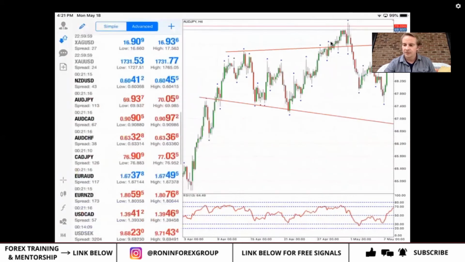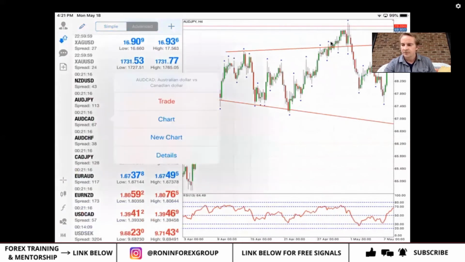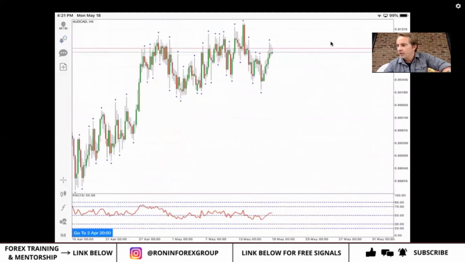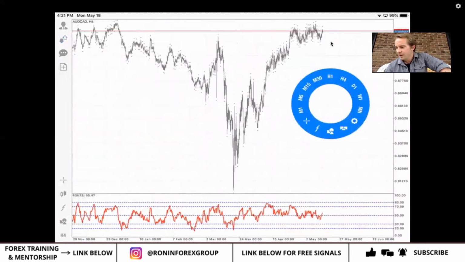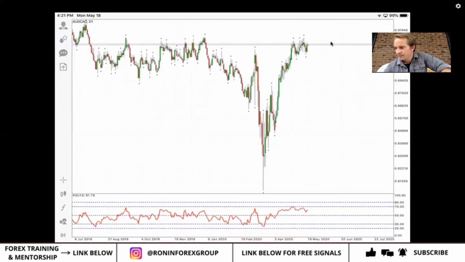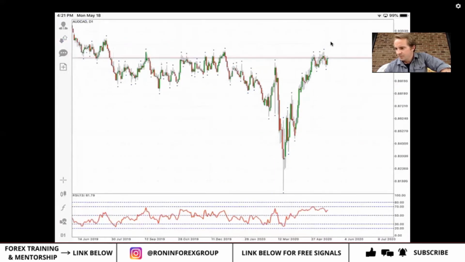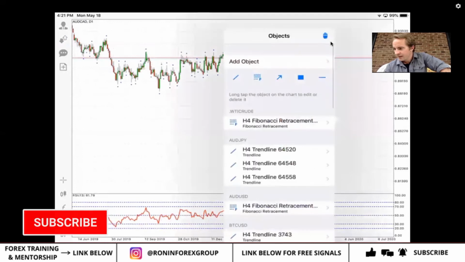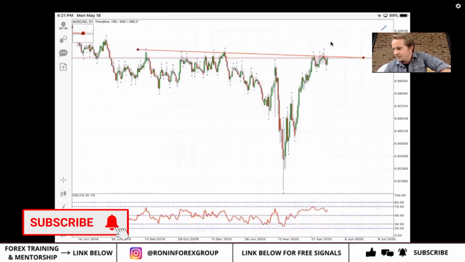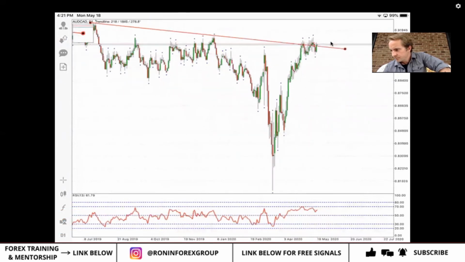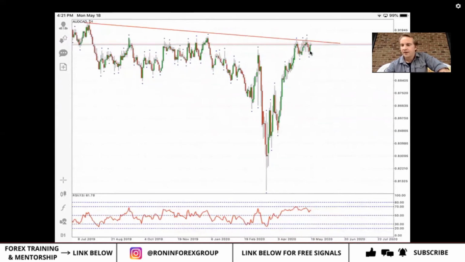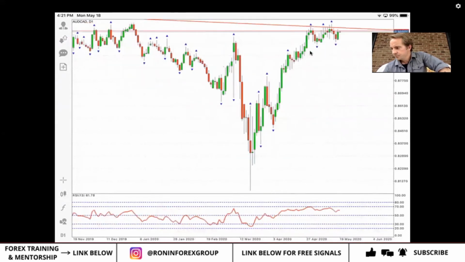There's Aussie yen, and of course here's Australian dollar, Canadian dollar, which has been my kind of favorite trade pair for the past couple weeks. As much as the people in my group might be getting sick of trading this, we have this big band here, and a false breakout area.